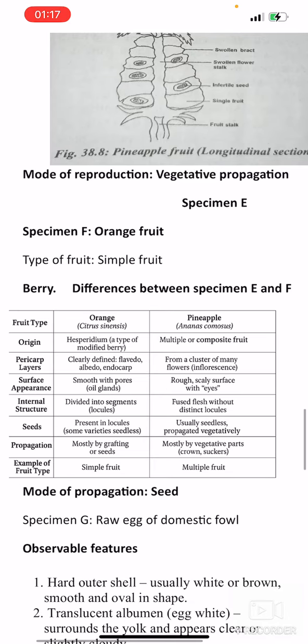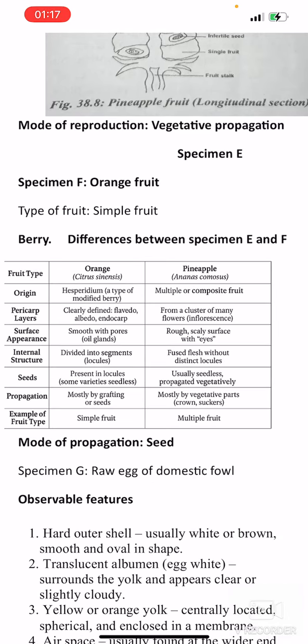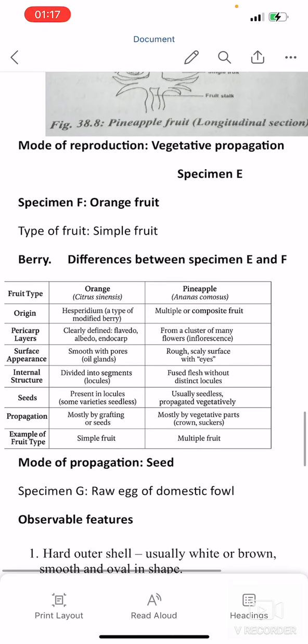So now let's just quickly look at this table here to know the differences between the orange and the pineapple. You can see that orange is a type of berry.